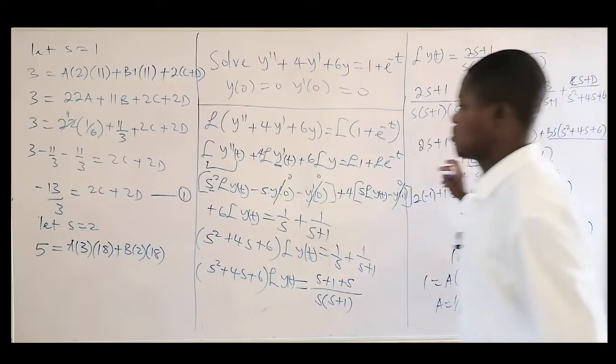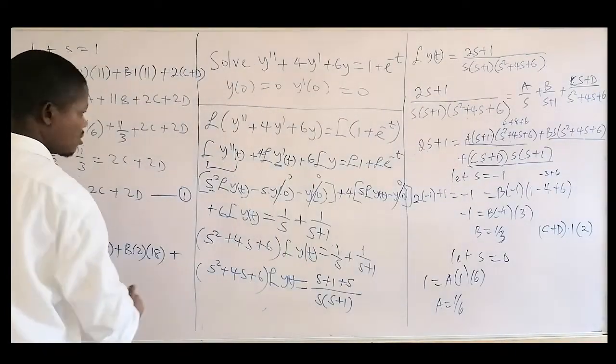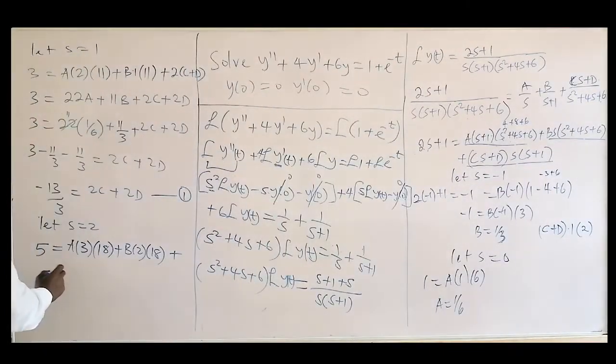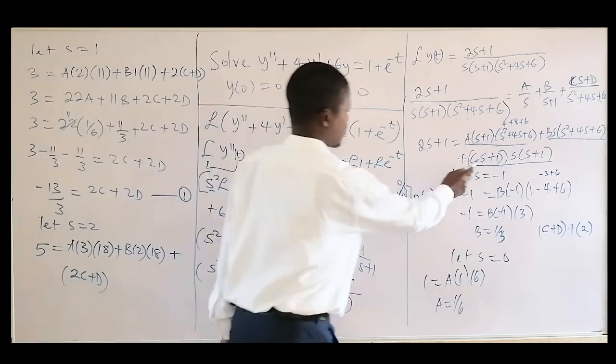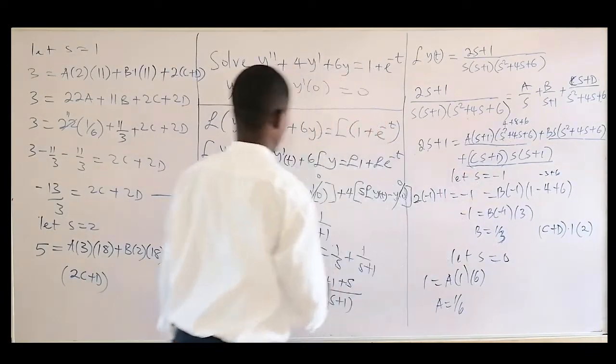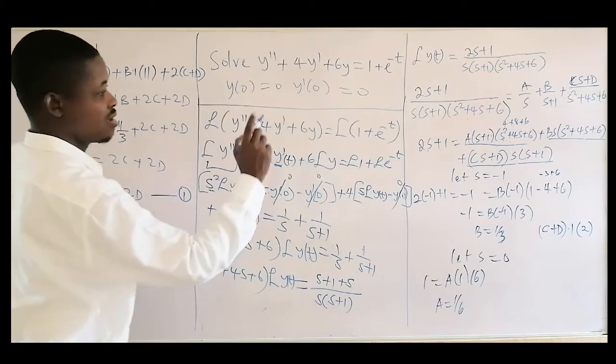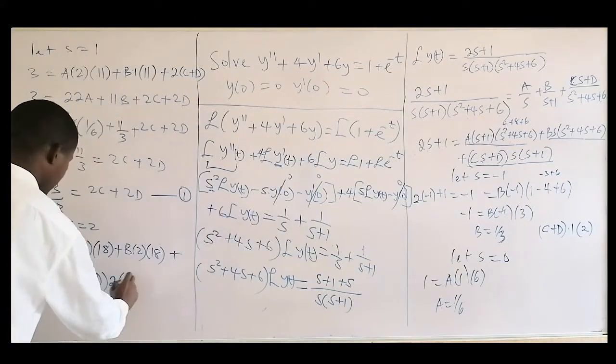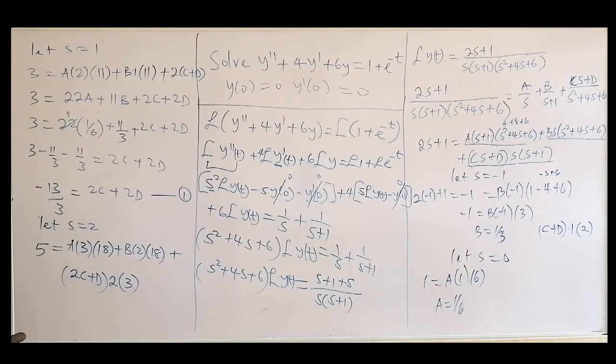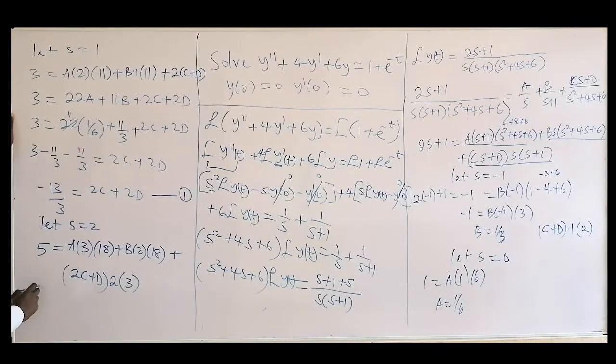Then we'll come back to this, which will be plus 2c plus d, 2 times c, that's 2c plus d equal to, into brackets, 2 again into brackets, 2 plus 1, that's 3. So we now have 5.